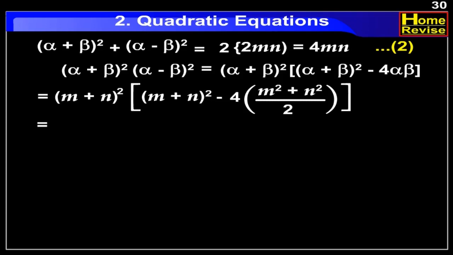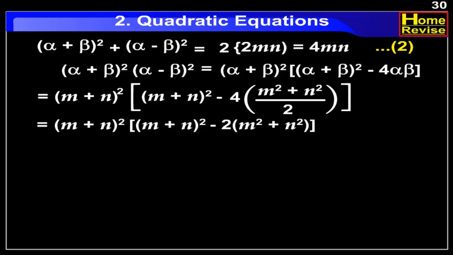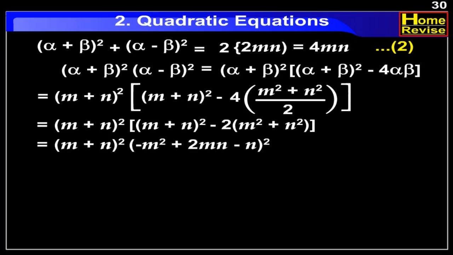Now this is further equal to (m plus n) whole square into [(m plus n) whole square minus 2 into (m square plus n square)]. This is further equal to (m plus n) whole square into [minus m square plus 2mn minus n square].